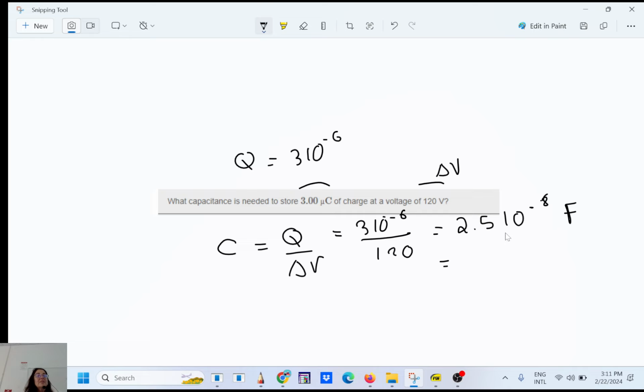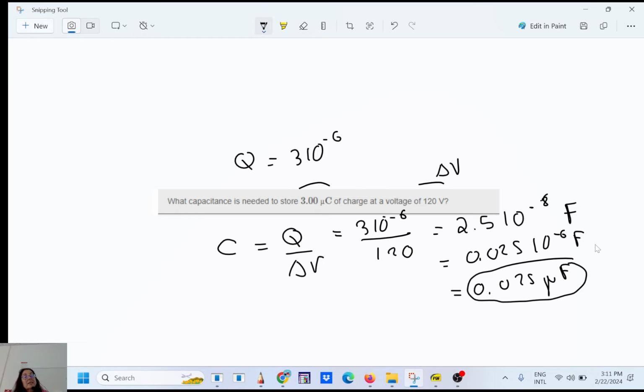So 2.5 times 10 to the negative 8 divided by 10 to the negative 6 to get micro. Very good, very good. Micro. Or you can do this from here to there.